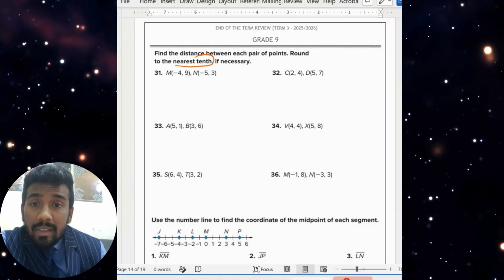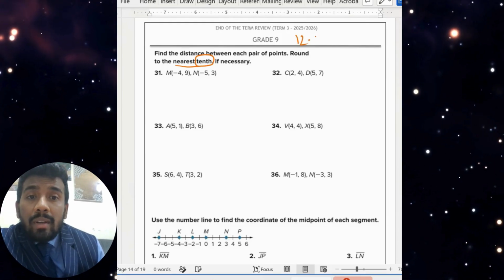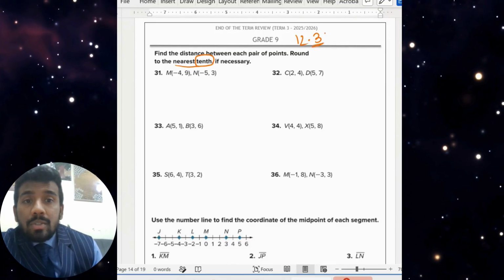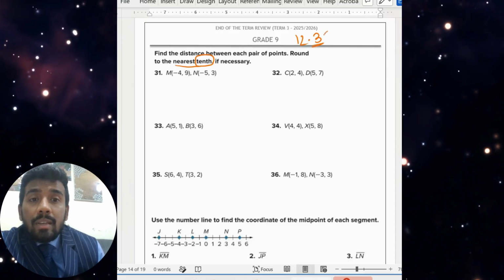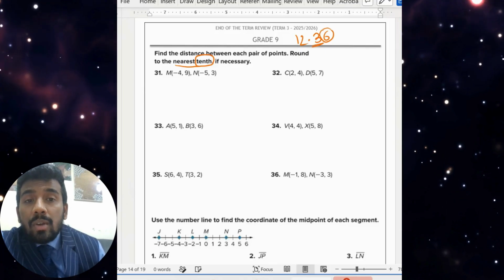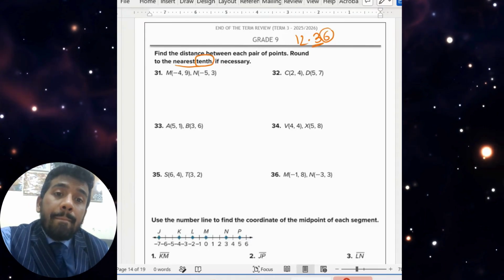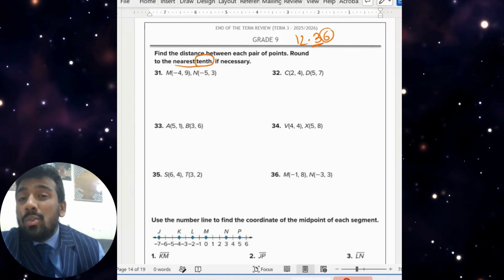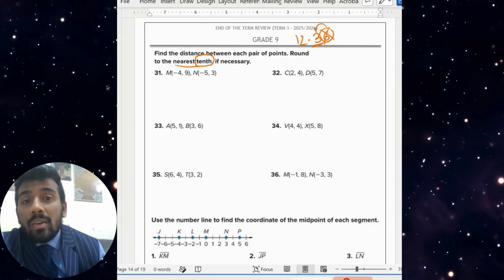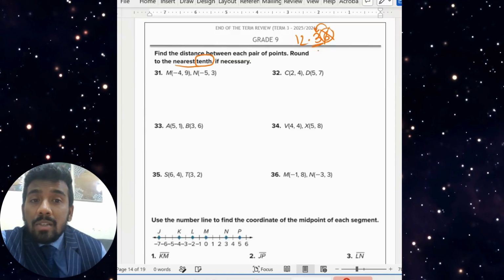Now, what do you mean by nearest tenth? It means after the decimal point, they want only one number, not two. Suppose you have 12.36. Then this 6 you have to round off. You know how to round off? If the number is 5 or more, we cancel it and carry on with this 3 and add 1.